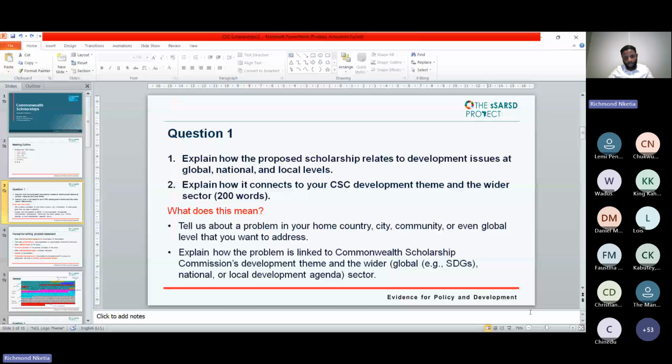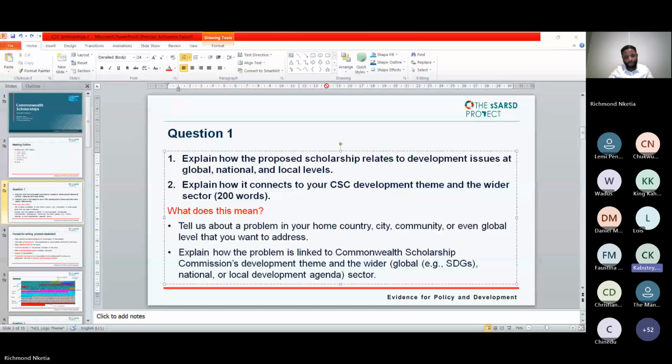Do you mean that the font sizes are small? What you can do is to share. Once you hit share, you can hit screen, because you have screen and window when you hit share. So you select screen and then you can project whatever you have on your presentation.